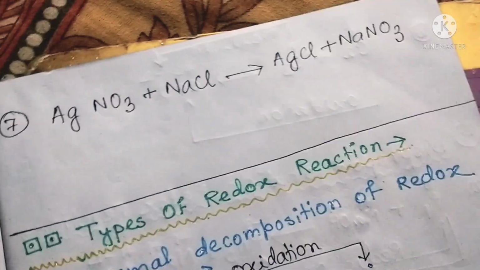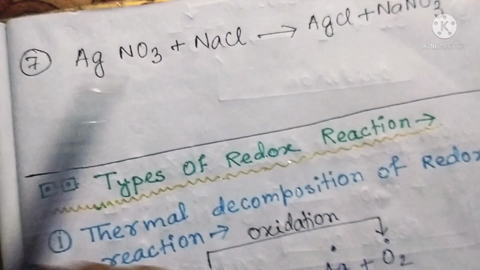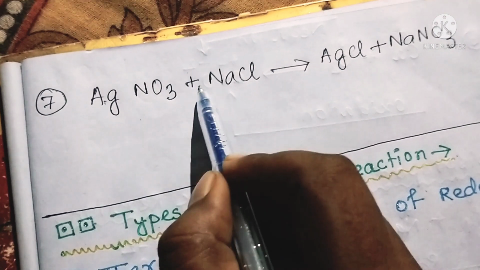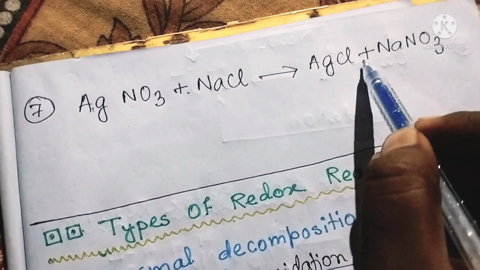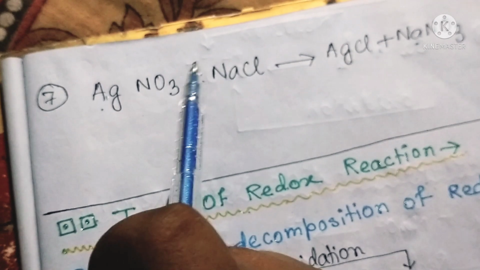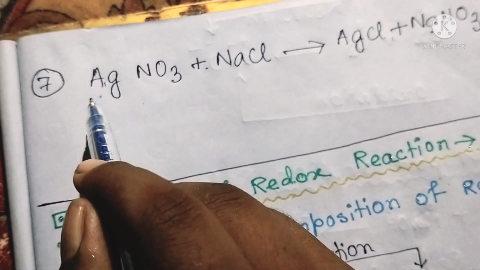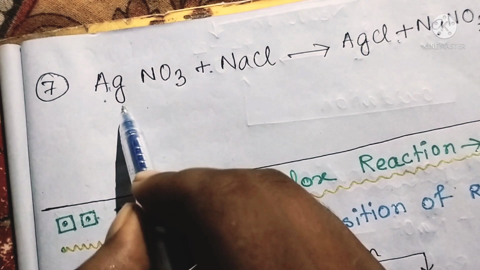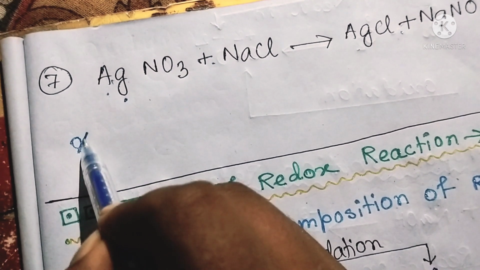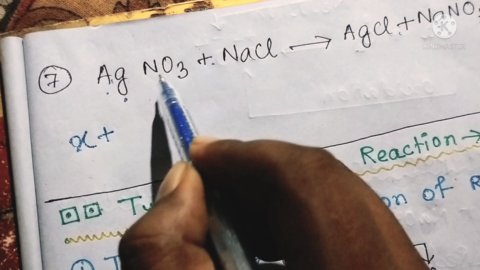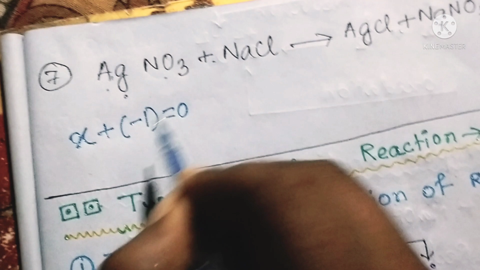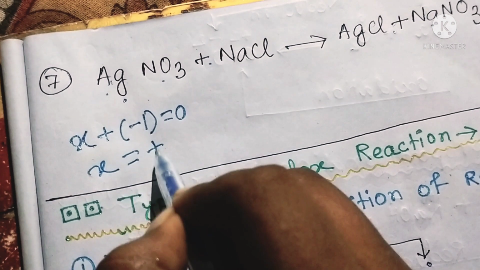Now let's see the next example. Here we take AgNO3 plus NaCl turns into AgCl plus NaNO3. Now what is the oxidation state? x plus NO3 minus 1 equals 0, x equals +1.